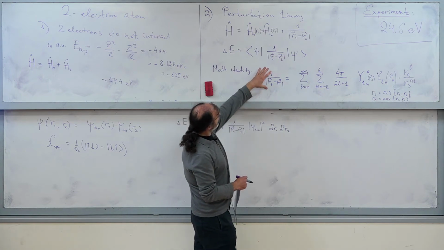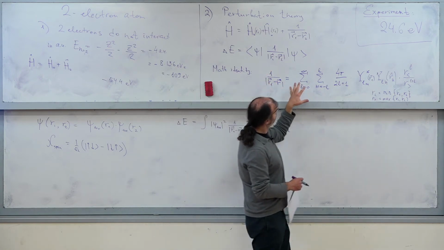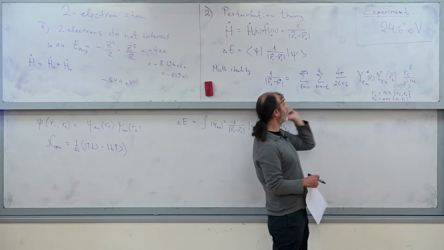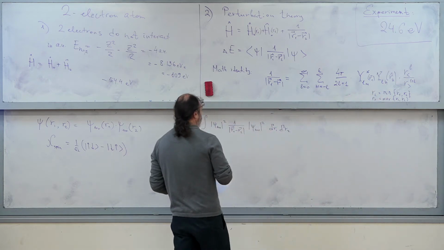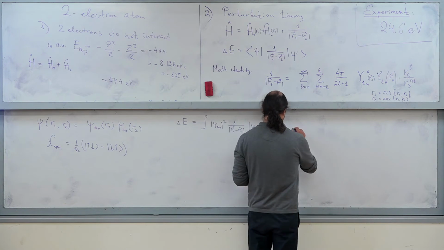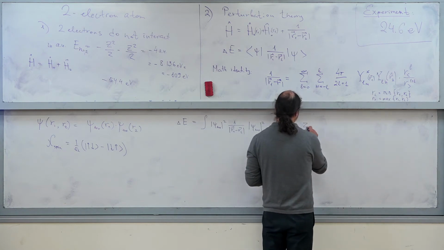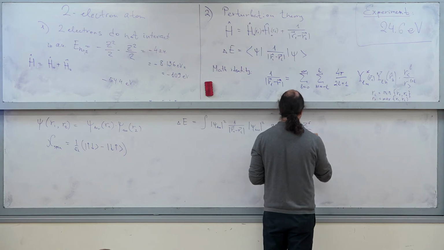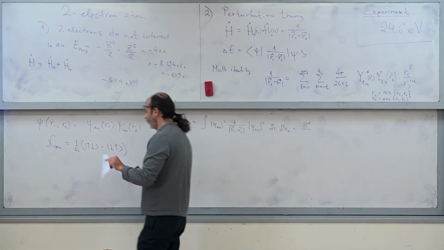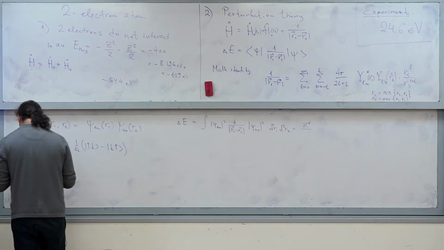So we will use this trick of the math. We are going to take this term and develop it into spherical harmonics. So therefore, this integral will be equal to Z to the 6th power. So I remind you what these wave functions are, right?